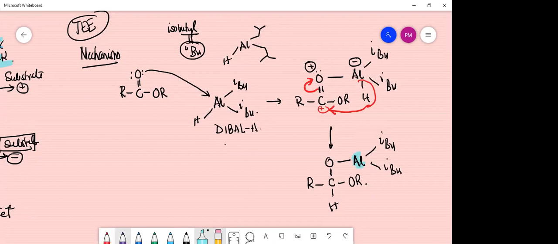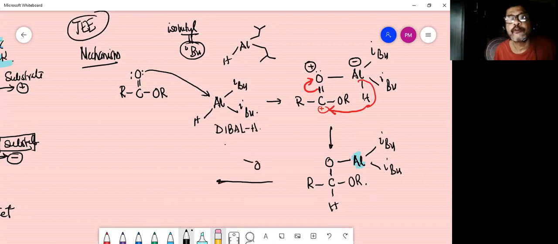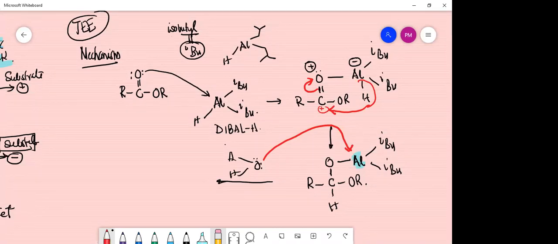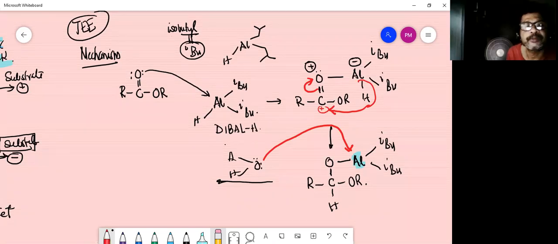So what happens is this: you have this O, and you take water now, OH2. Water has lone pairs, so it is going to give one lone pair to aluminium. Then what does the structure become?